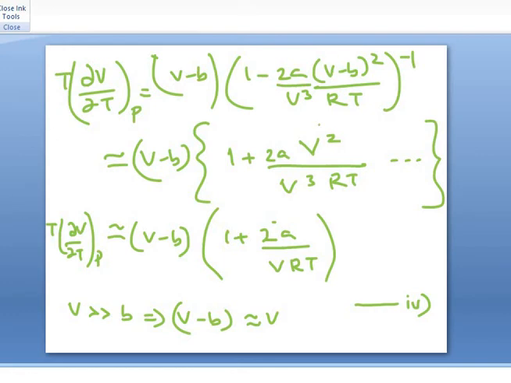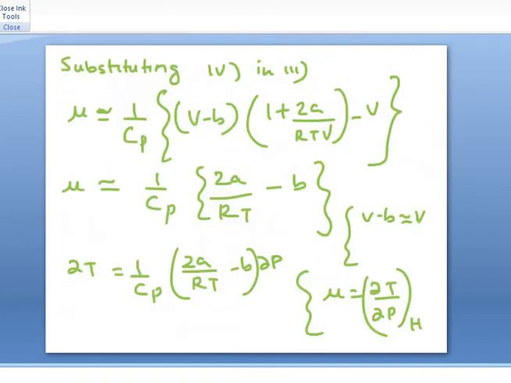When you are dividing it by V cube, I'd better take V square, so that V square by V cube gives you only V. So finally the expression boils down to V minus B times 1 plus 2A by VRT. Whatever I have done, I have mentioned V much greater than B. This means V minus B is approximately equal to V when you are comparing it with V cube. Otherwise, you keep the things as such.